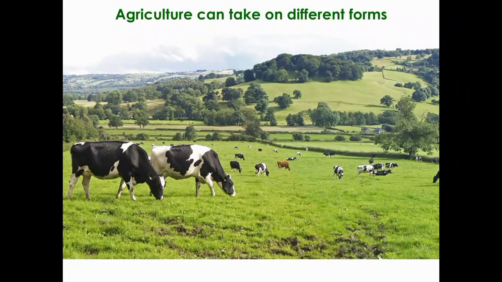But of course, what we're seeing here is a very artificial landscape. The natural landscape of the British Isles before we introduced this form of agriculture did not look at all like this. It was predominantly forest land. But nevertheless, this does look like a fairly natural and biodiverse environment.